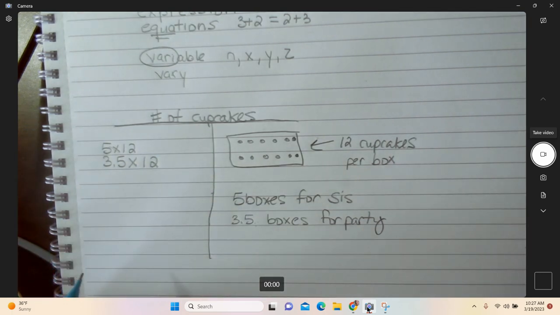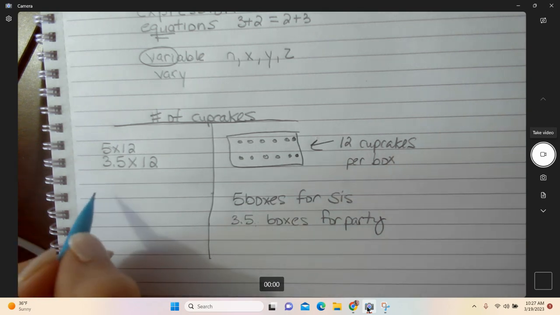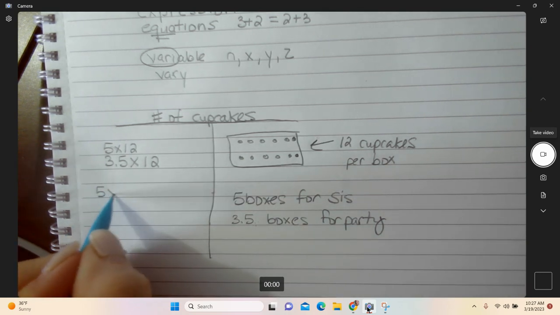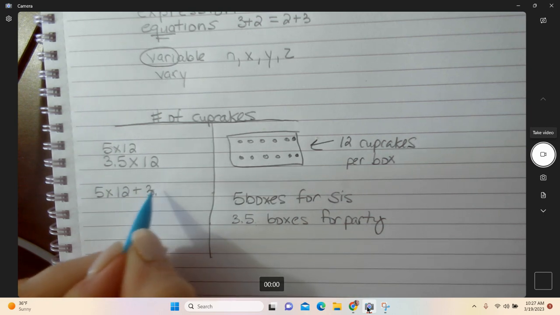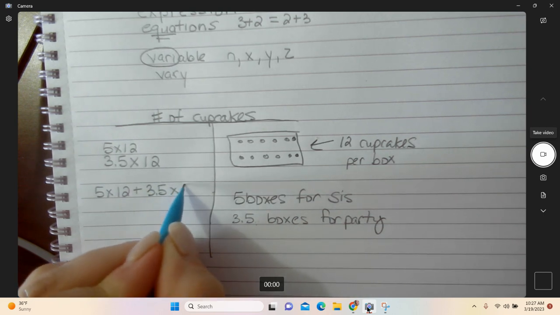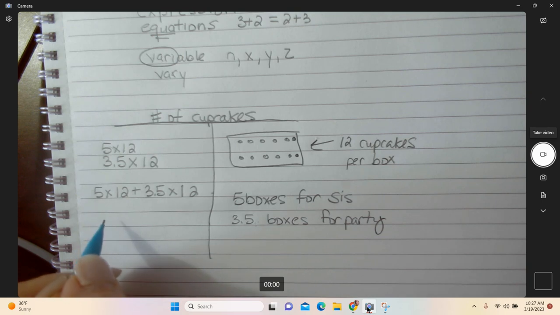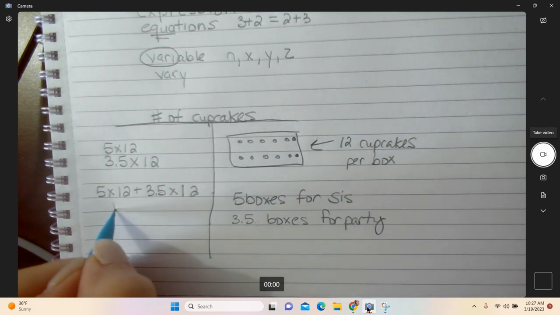All right, and then if I just need to know the total of that, I could certainly do that, right? Total means to add. So I think I could just do 5 times 12 plus 3.5 times 12. Now you do need to think about your PEMDAS here, so I'm going to write it down.